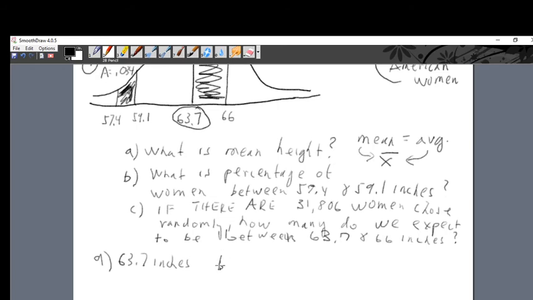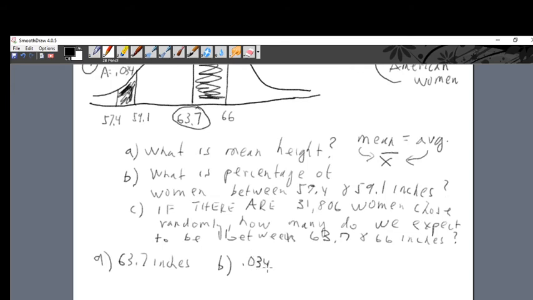Okay, B. What is the percentage of women between 57.4 and 59.1 inches? Here it is. 57.4 and 59.1. What's the area? 0.034. So if it's 0.034 in decimal, that's how many of the women are between 57.4 and 59.1.